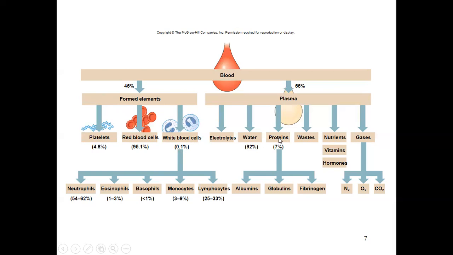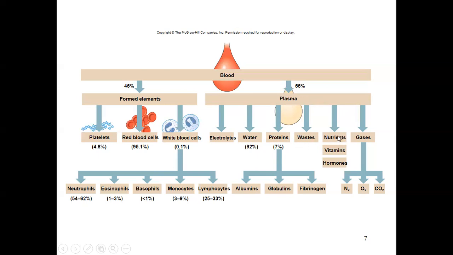Now, within your plasma, the makeup of plasma is like this. So 92% of this plasma is going to be water. Approximately 7%, so the rest of it, for the most part, are going to be proteins. Then with that rest, the other 1% of plasma volume, you're going to have things like electrolytes. You're going to have your waste products.